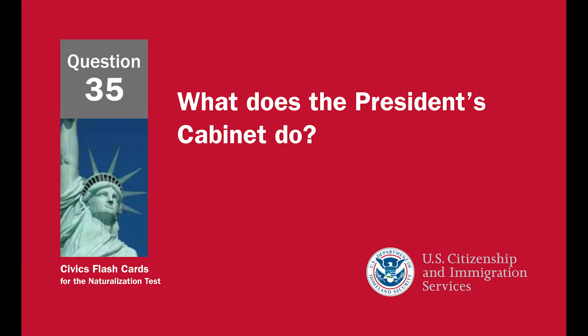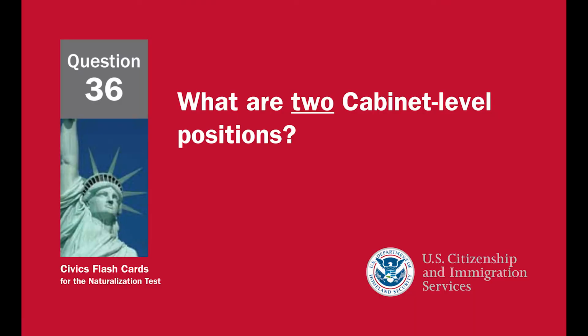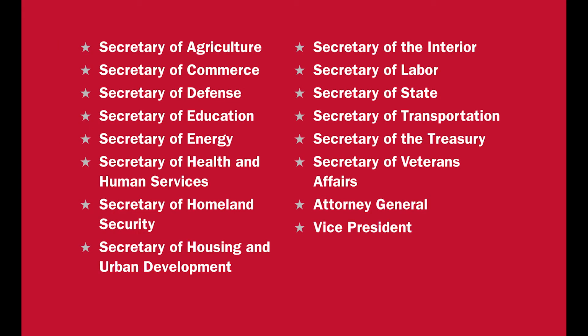What does the President's cabinet do? Advises the President. What are two cabinet-level positions? Secretary of Agriculture. Secretary of Commerce.